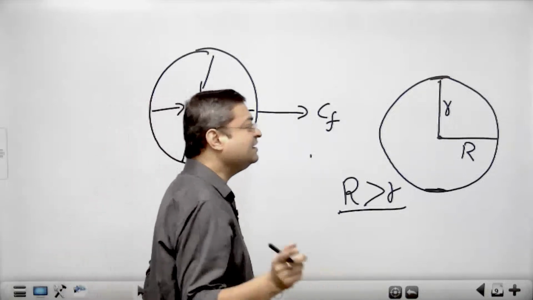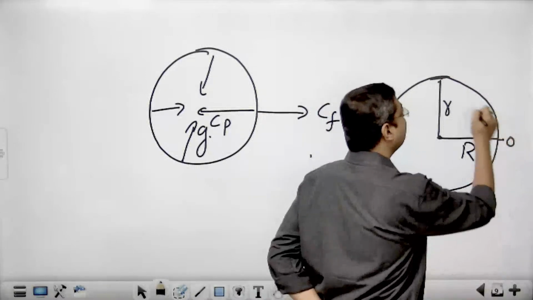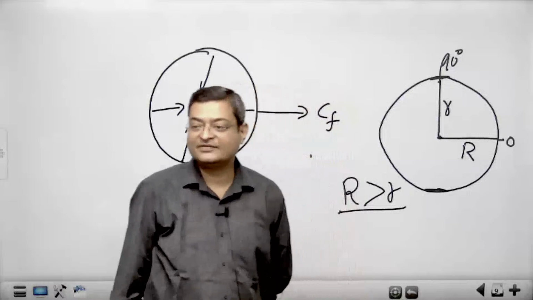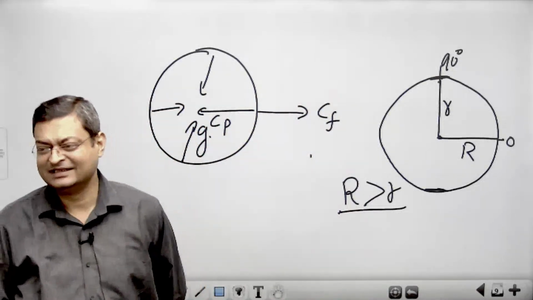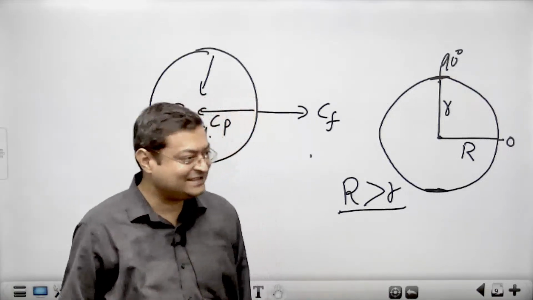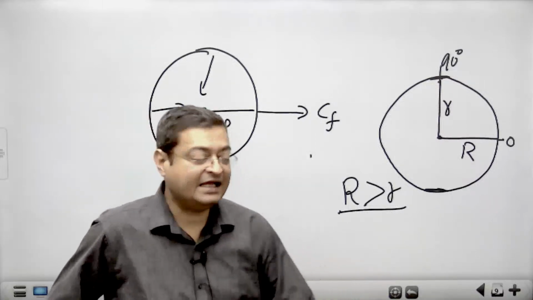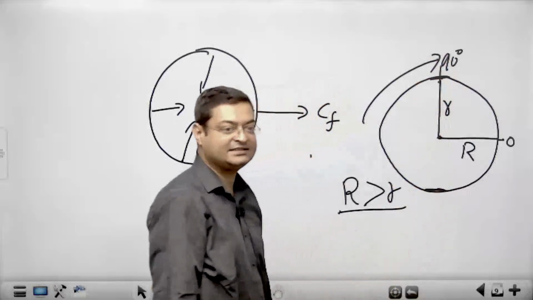So where will the gravity be maximum? At the equator or at the 90-degree poles? At the equator the radius is more. Gravity is least at the equator, and as we move towards the pole, the gravity is maximum.